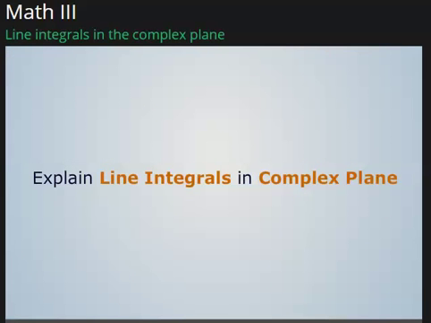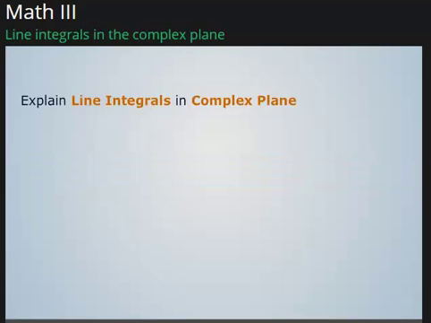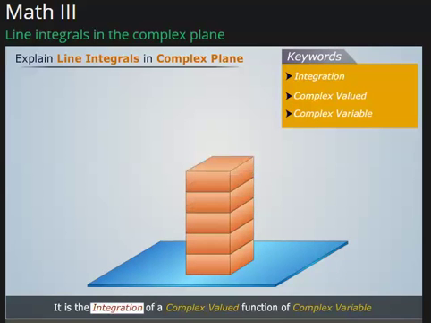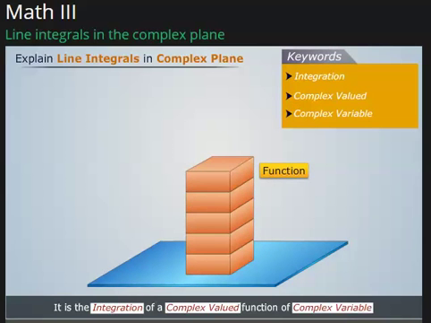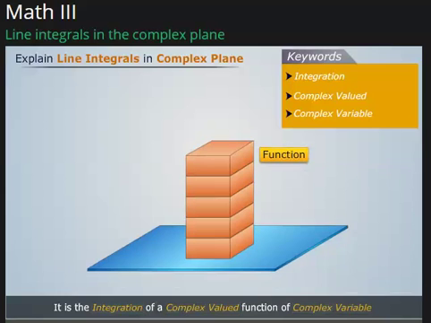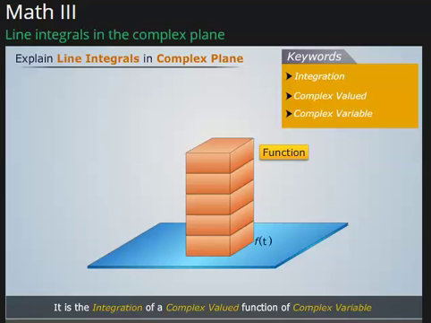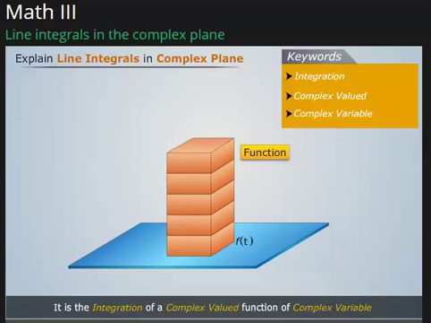Explain line integrals in complex plane. It is the integration of a complex valued function of complex variable. The integration is carried out along a curve in complex plane. Let f(t) be a complex valued function of complex variable.